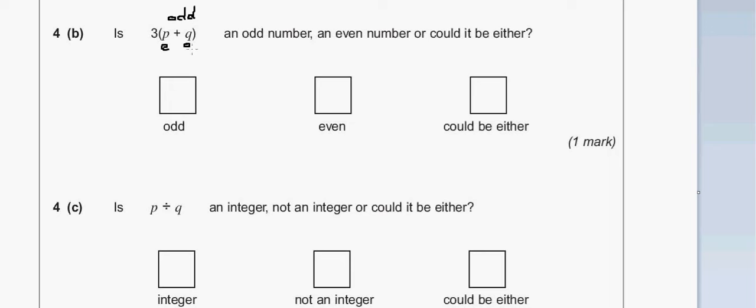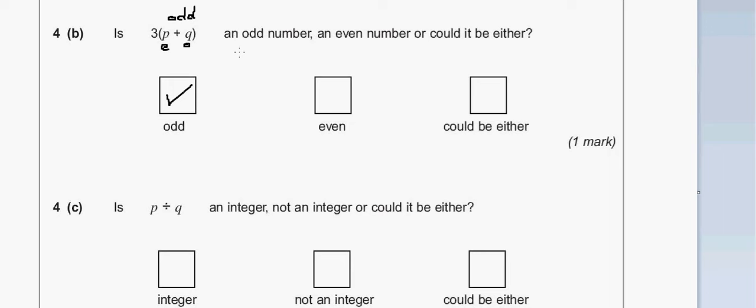You'll notice that they're all coming up odd. Now if I multiply an odd number, 3, by an odd number, I will always get an odd number. Okay, 3 times 5, 15, odd. 5 times 7, 35, odd.